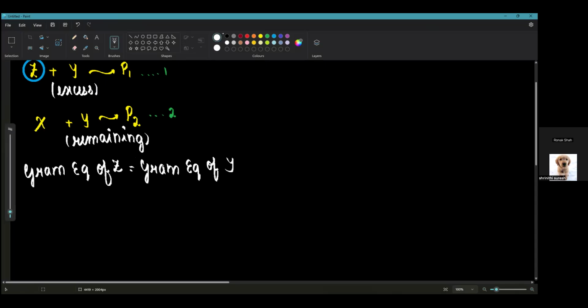It will be excess minus remaining. Meaning whatever you have taken, minus gram equivalence of Y which are remaining.